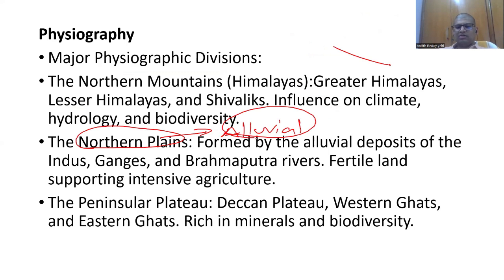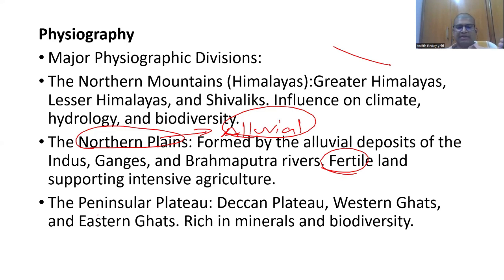Since they are depositional soil carried by the rivers, these sediments are rich in nutrients, which is why the soils are fertile. So they support intensive agriculture in this region. Largely rice, wheat, and sugarcane are grown in the Indo-Gangetic plains. So they are like the greenery of India.